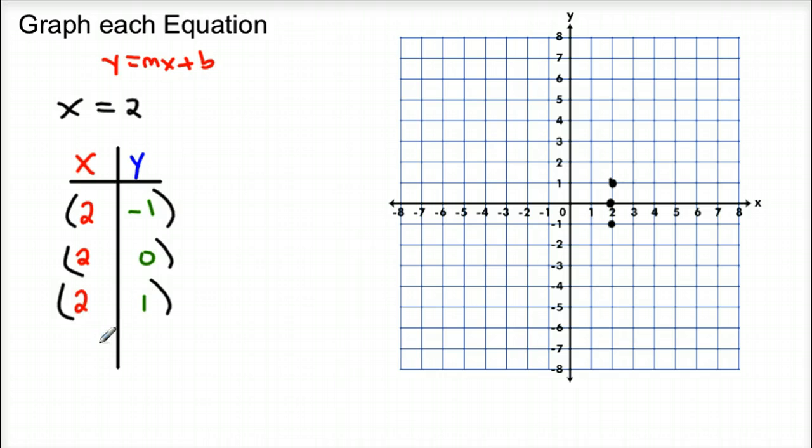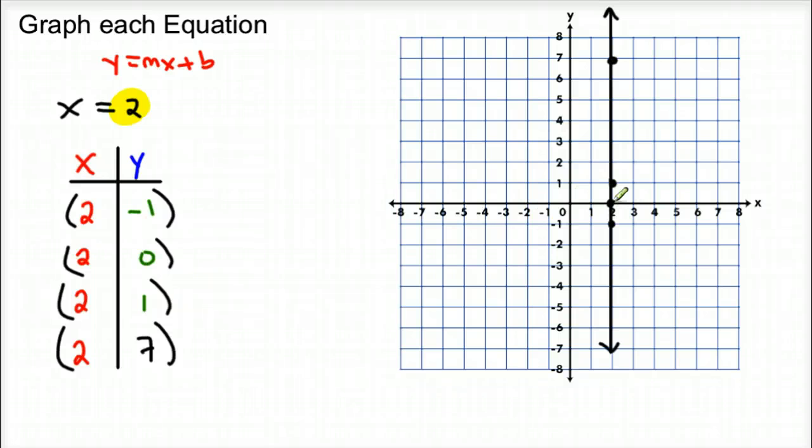You want to pick another value for y, so x is 2. Let's say y is 7. So if you notice, if you draw a line through all these points, when the equation is x equals something, or any number, x equals 2, x equals 3, x equals 4, it's just a vertical line exactly through that coordinate or that corresponding number.